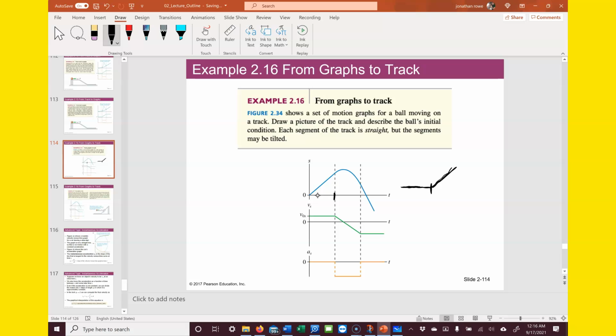And right here is where it actually begins to roll back down toward its horizontal origin. So let's just say that happens right here. It's going to go up the track, but then it's going to go back down the track. And then when it gets to here, it looks like it flattens back out. But it hasn't yet reached that horizontal origin when it flattens back out.